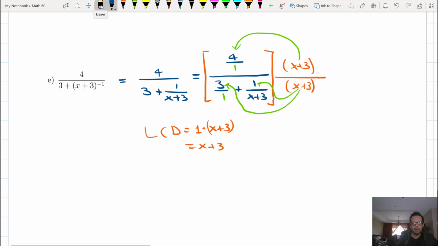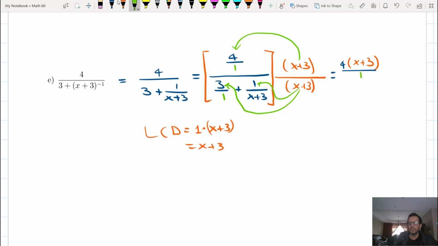Okay, so let me go down here maybe. Yes, over here is fine. 4 times the quantity x plus 3. All right, and that gets divided by the invisible 1. Yes, you might want to still write that invisible 1 just so you know where everything is coming from, right?